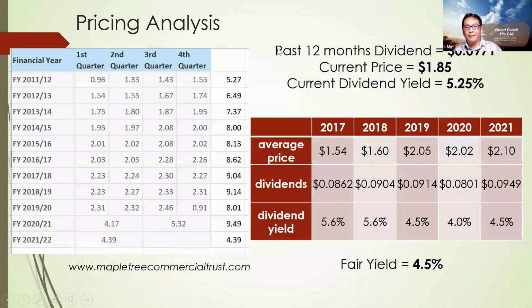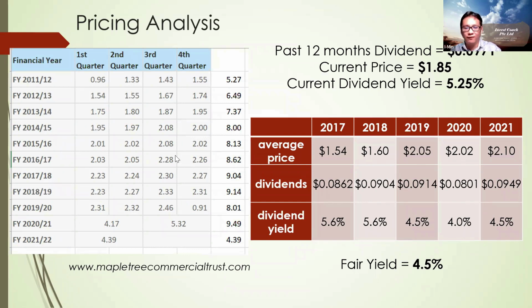Okay, let's look at pricing analysis. For REITs, I just compare with something called the fair yield, as I mentioned. Down here, I do a very precise calculation for the REIT. Basically, fair yield is simply the average dividend yield over the past 3 years.